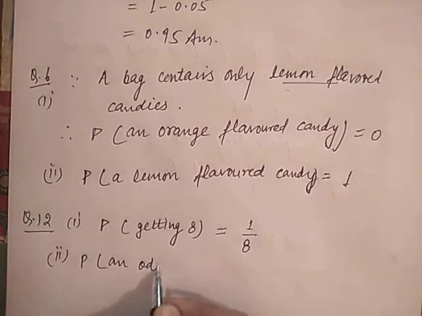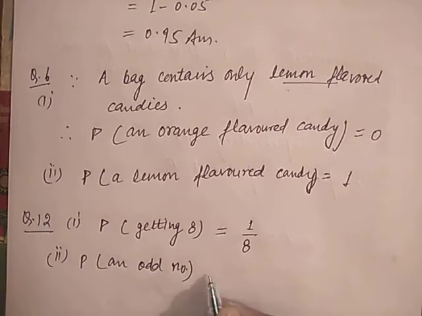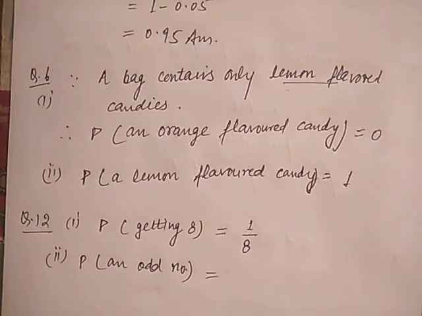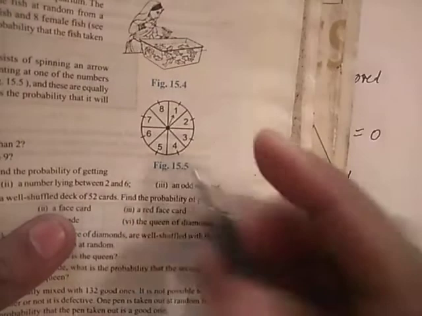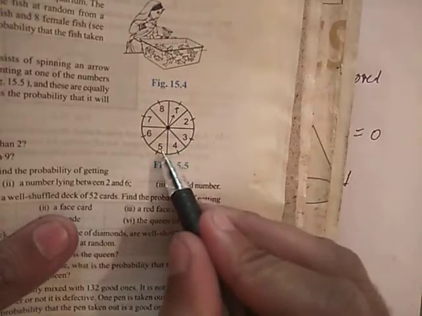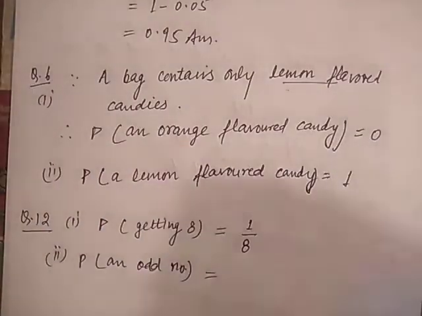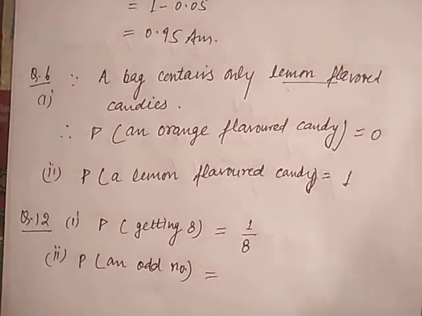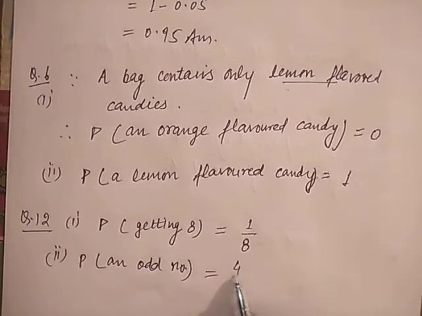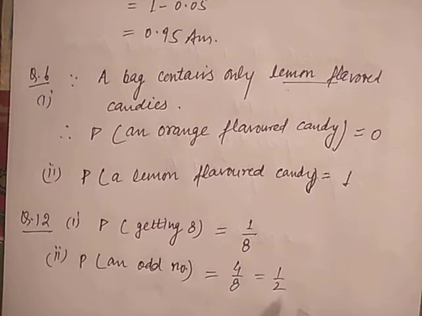So students, you know very well how many odd numbers are in this game of chance. Okay, you can see odd numbers are 1, 3, 5 and 7. So there are 4 odd numbers here and total numbers are 8. So 4 upon 8 and the answer is 1 by 2.